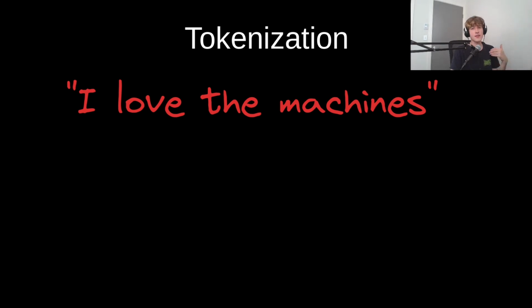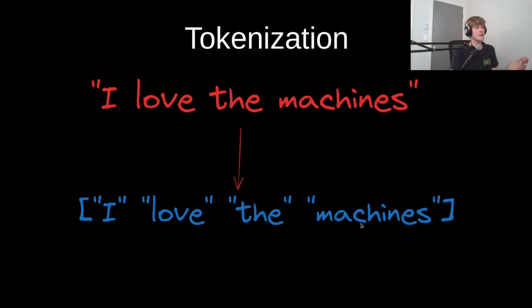What tokenization does is it basically just breaks down each individual part of a sequence of characters into some kind of numerical representation so that our ML model can use it. So for example, "I love the machines" could be converted into "I," "love," "the," "machines." It could actually also be converted into each individual character, but that's a bit overkill for this demonstration.